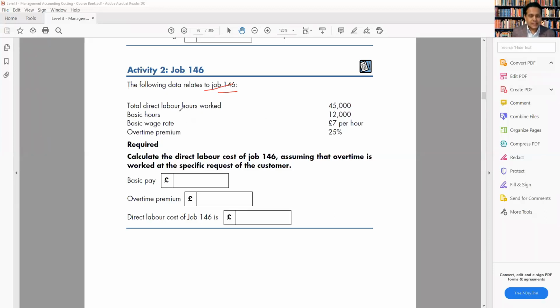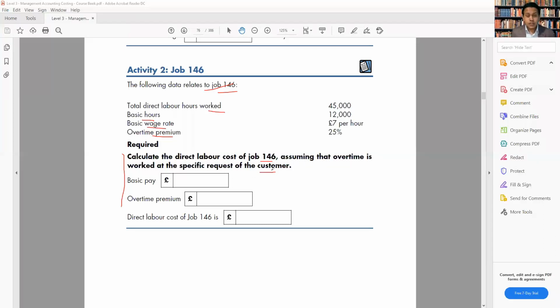Total direct labor hours worked, basic hours, basic wage rate, overtime premium 25% of the basic rate. The requirement is to calculate the direct labor cost of job 146, assuming that overtime is worked at the specific request of the customer.